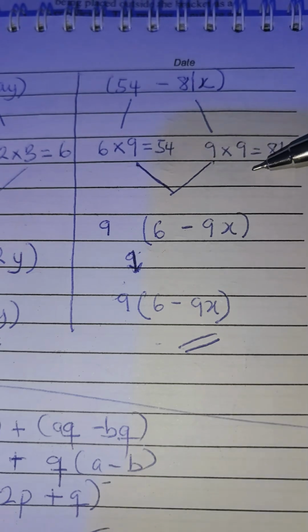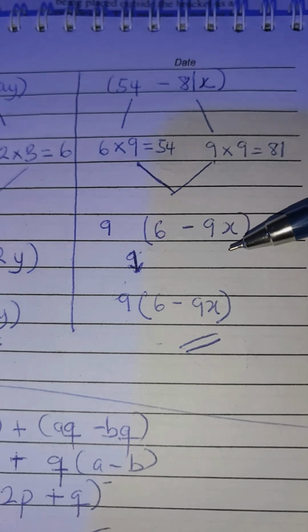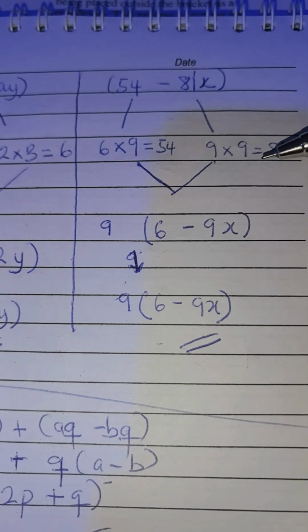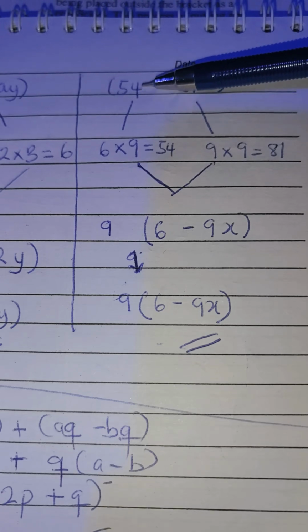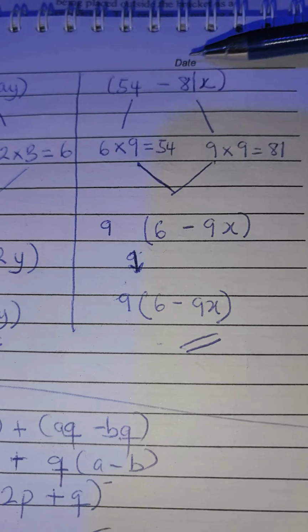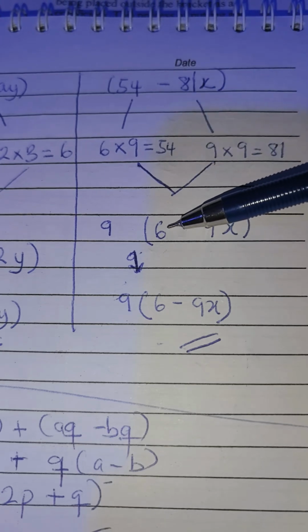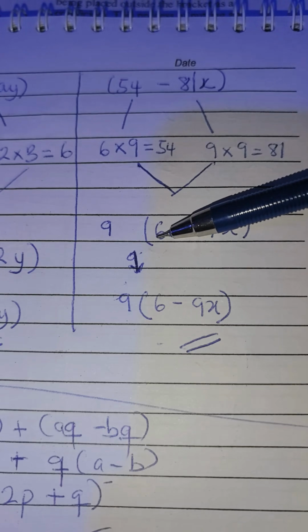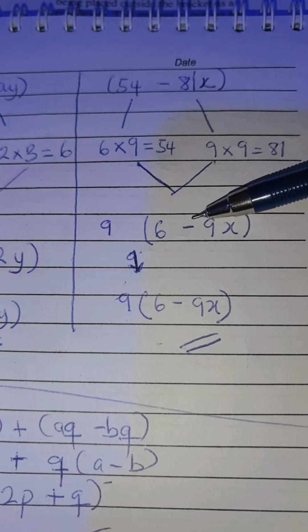Hence, the common factor goes outside the bracket. So 9. Good. Now, let's move to the variables. There's no variable here. Hence, imaginary 1. You don't bring it, because if you bring that imaginary 1, it's going to make this one 61 or 16, which is not so. So now you understand why in the initial example, I told you imaginary ones, you don't bring them when it comes to variables.